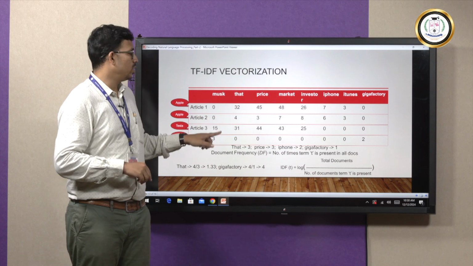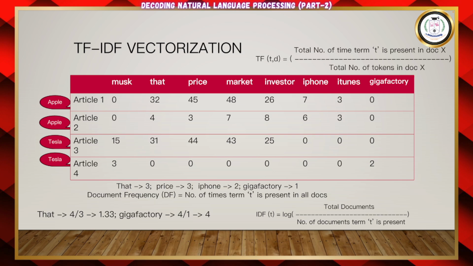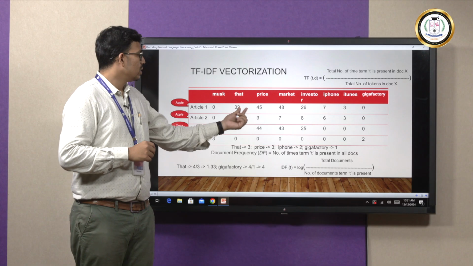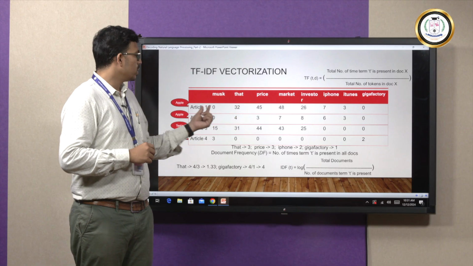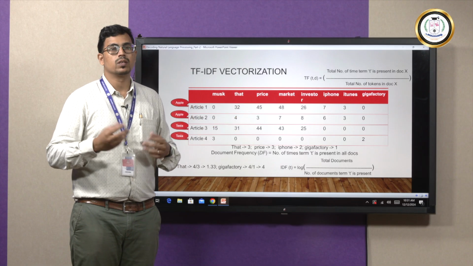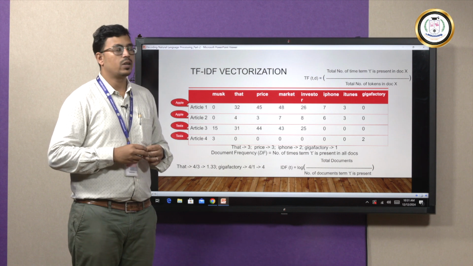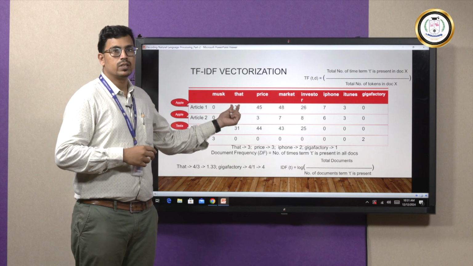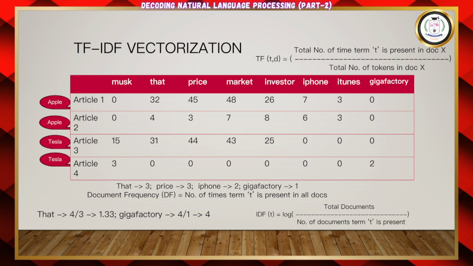The formula is the total number of times term T is present in document X divided by the total number of tokens present in document X. For the token "that", the value is 32. Imagine in article 1 there are some 100 words. So the term frequency for "that" is 32 divided by 100.